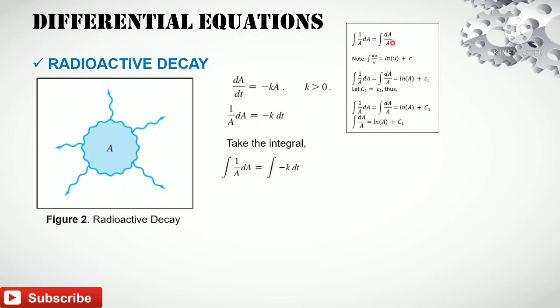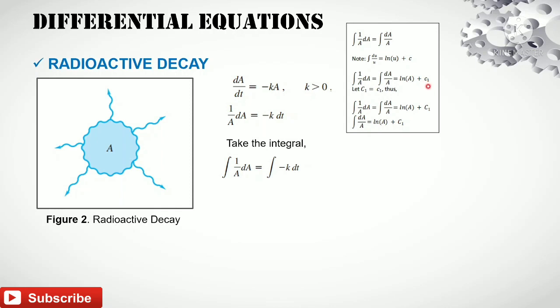We have this form because we know from integral calculus that the integral of du over u is just equal to ln u plus c, where in this case our u is our capital A. So by simply using this, the integral of dA over A is equal to ln of A plus small c sub 1, which is our first constant.